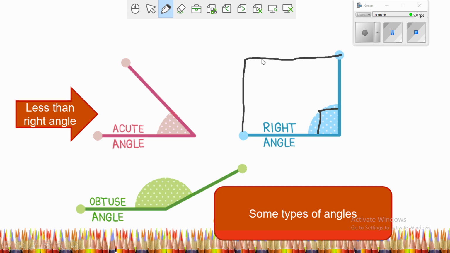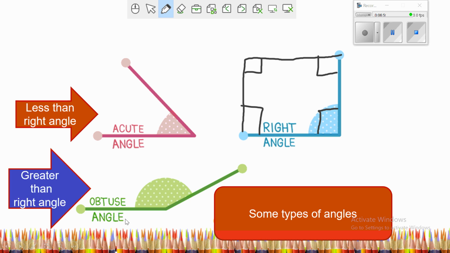So the angles of a square, all of them are right. Acute angles are less than the right. Obtuse angles are more than the right.